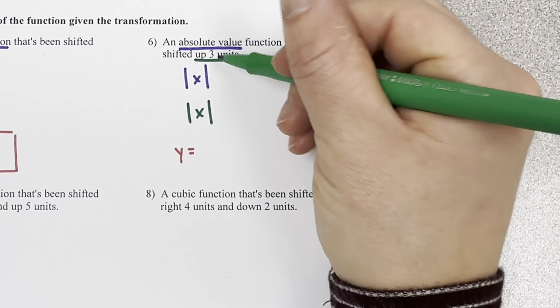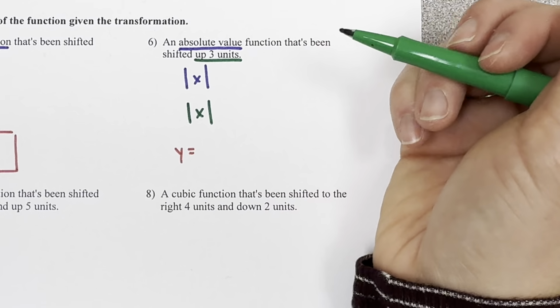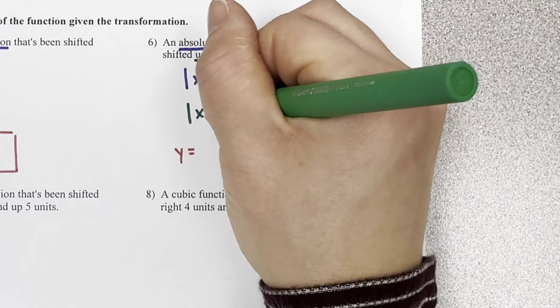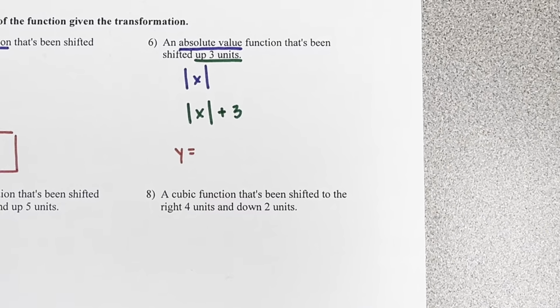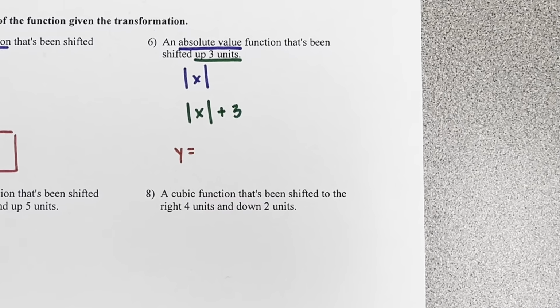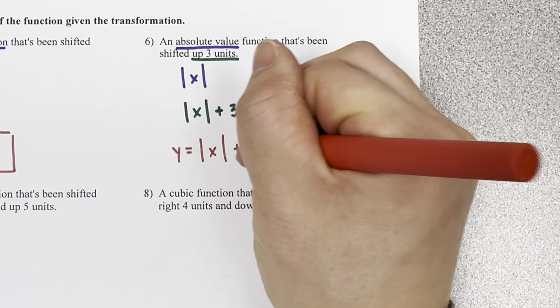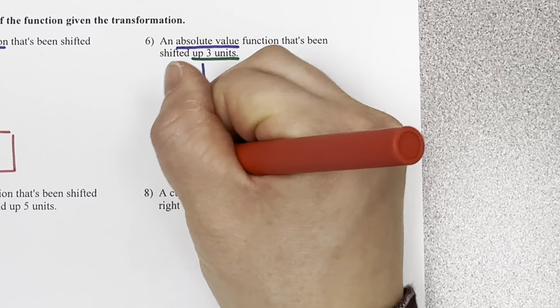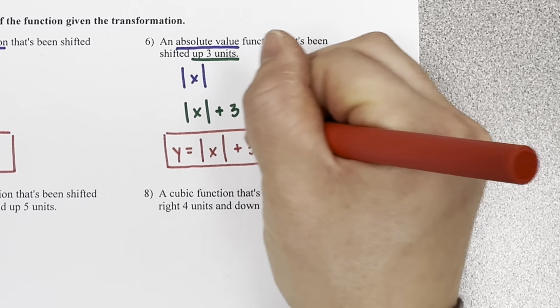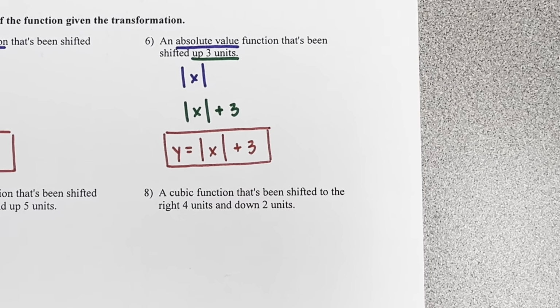And if it's being shifted up 3 units, we don't have to think opposites here. Up 3 is simply +3 on the outside. So our final answer is going to be the absolute value of x +3. And there's our finished equation.